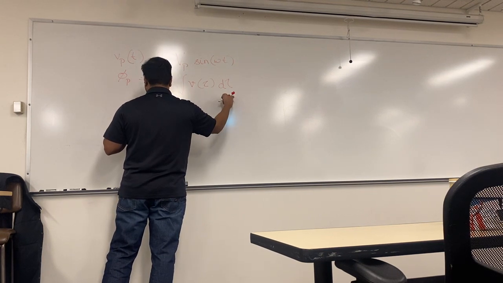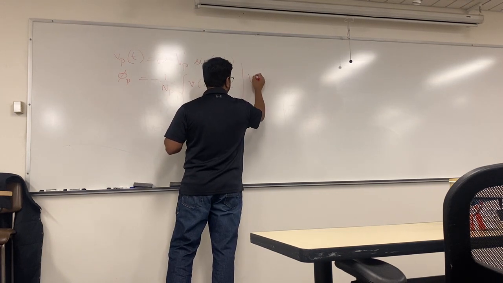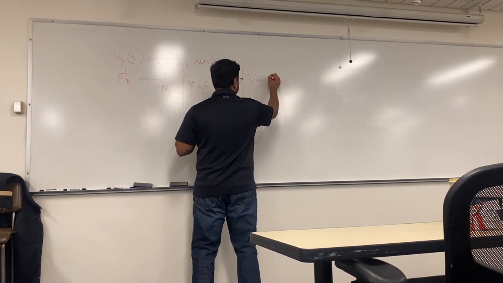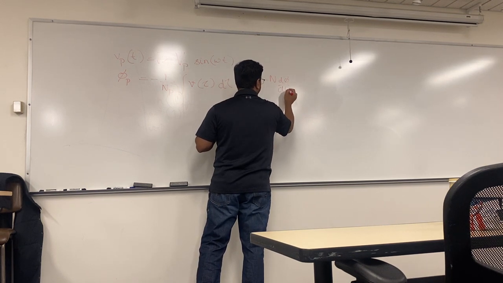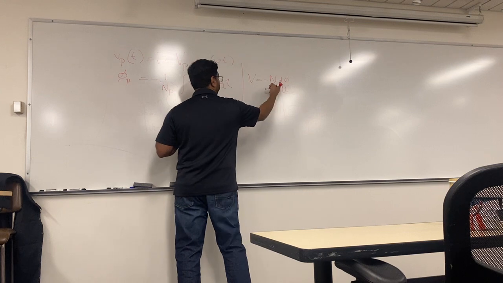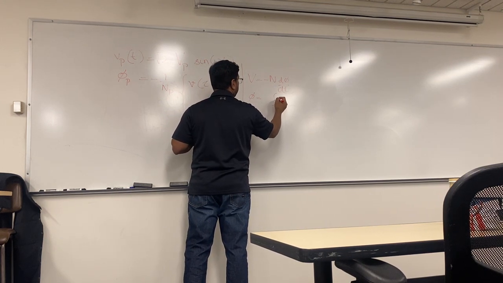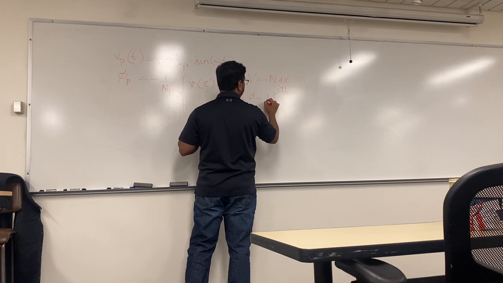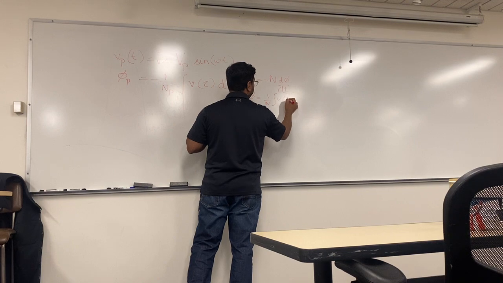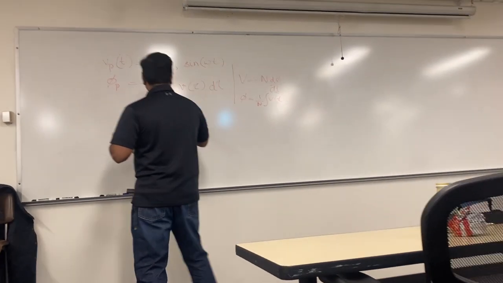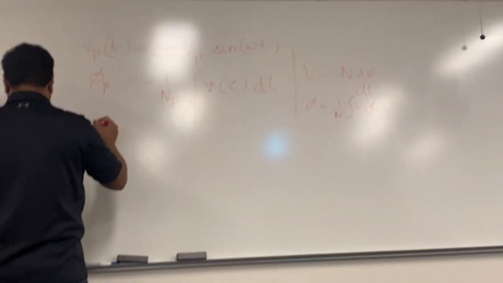How I'm getting this is from Faraday's law, where my V is negative N d phi dt. So my phi is going to be the integral of 1 over N d. Nothing special here, it's just moving things around and getting an integral.